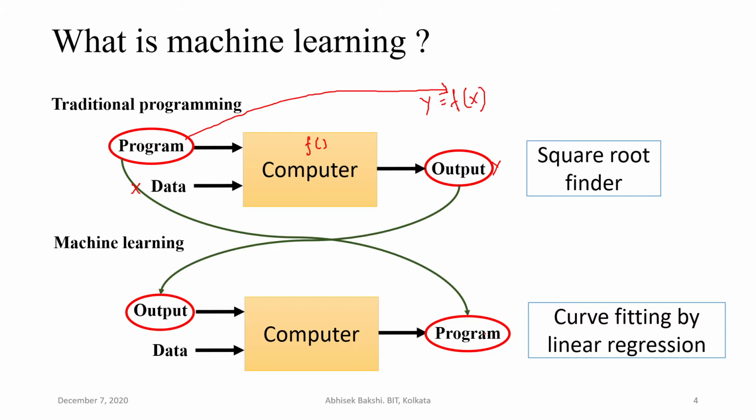What is important is that if we have some input data and some output data, can I design the program? And if the program design or the function realization is possible, then what can we do? We can use that program or function for some unknown input data to predict the unknown output, and that is important.